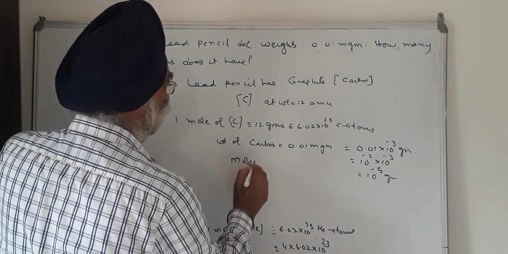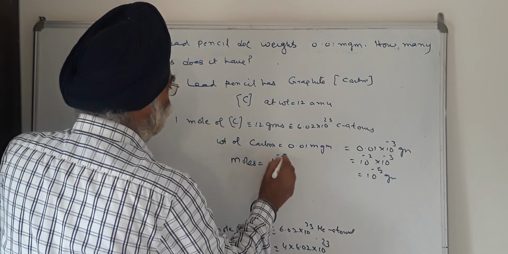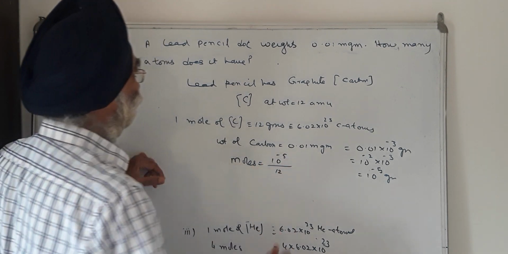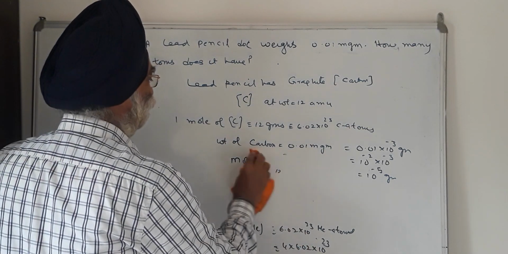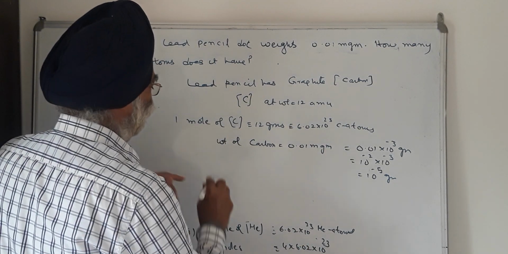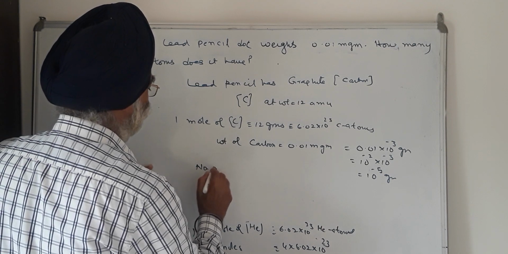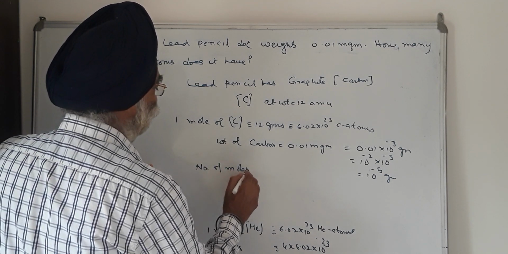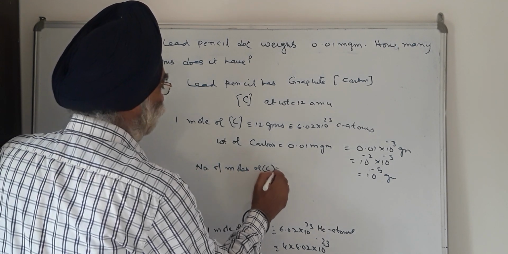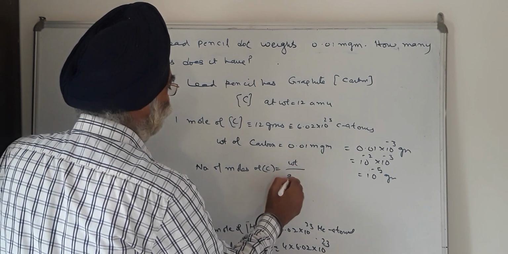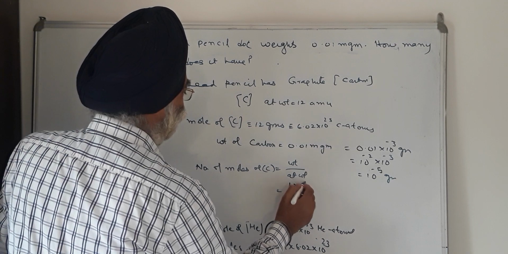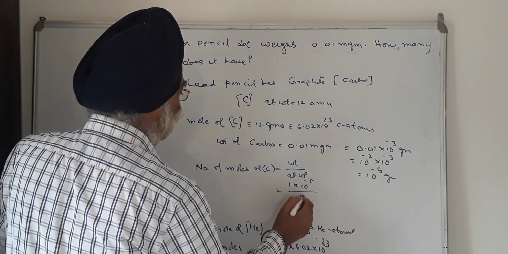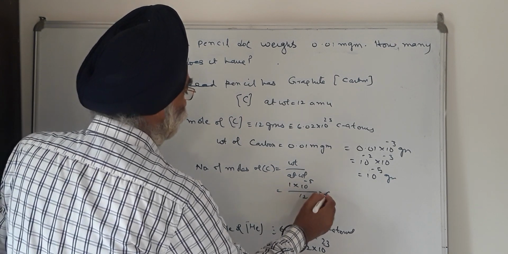Moles: 10 raised to the power minus 5 divided by its atomic weight. I may write the formula first. Number of moles of carbon, weight over atomic weight. 1 into 10 raised to the power minus 5 divided by 12.